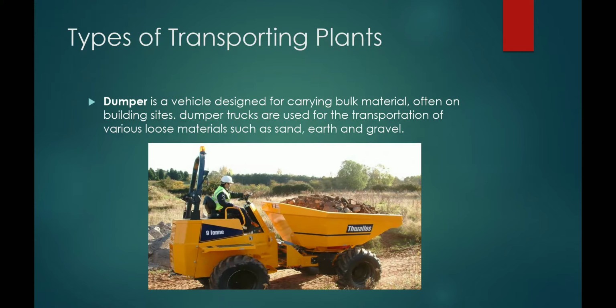Types of transporting plants. Dumper. A dumper is a vehicle designed for carrying bulk material, often on building sites, and dumper trucks are used for the transportation of various loose materials such as sand, earth, and gravel.